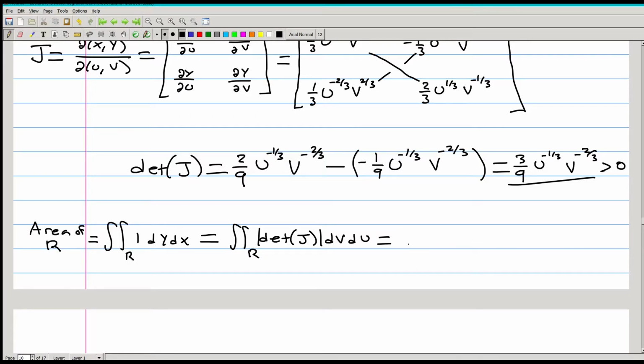And this is the same thing as we computed, the double integral over R of 3/9 u to the -1/3 v to the -2/3 dv du.